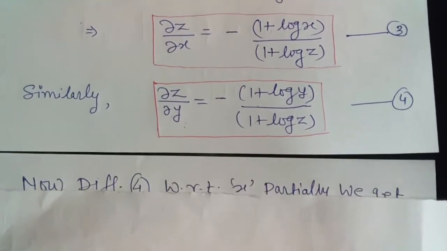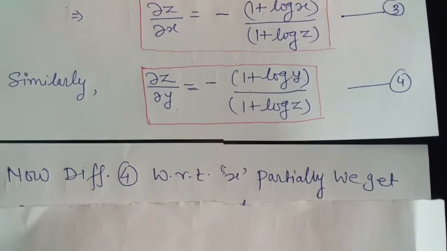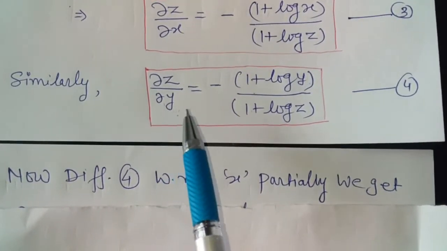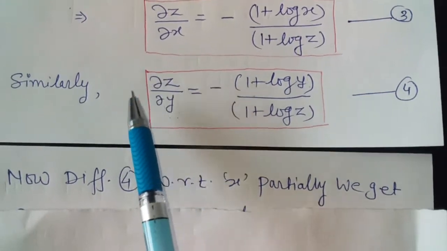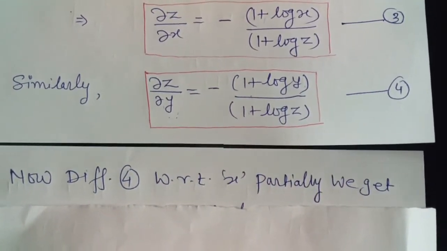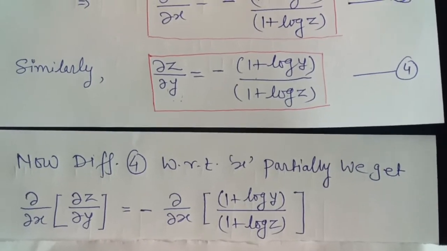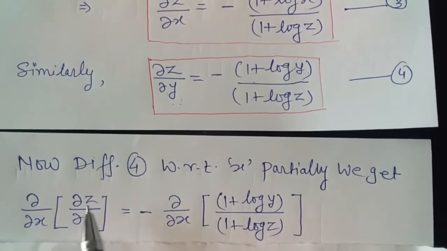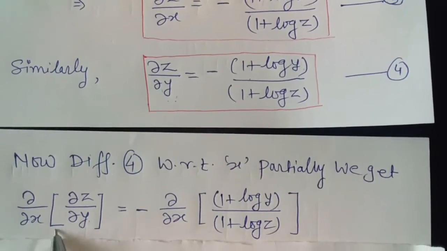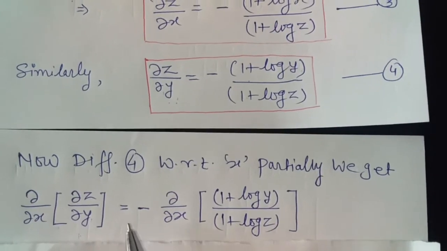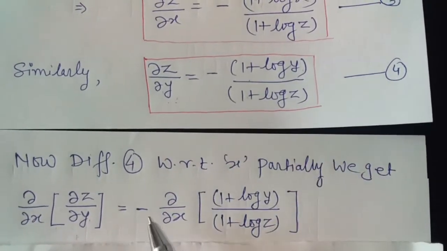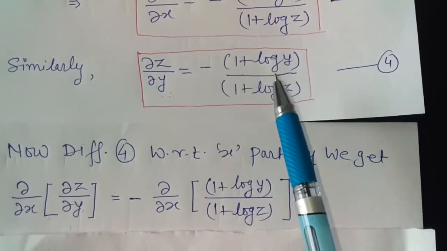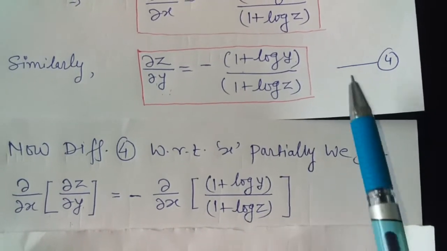So differentiate equation 4 with respect to x partially, we get, now the partial derivative of del z by del y with respect to x is del by del x of del z by del y, equal to, here negative we write outside, del by del x of 1 plus log y upon 1 plus log z.